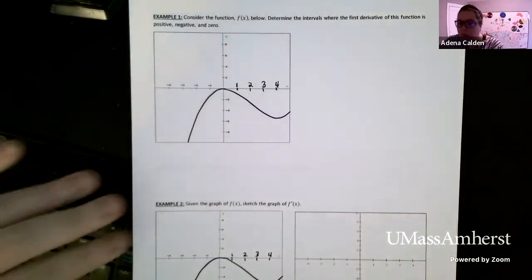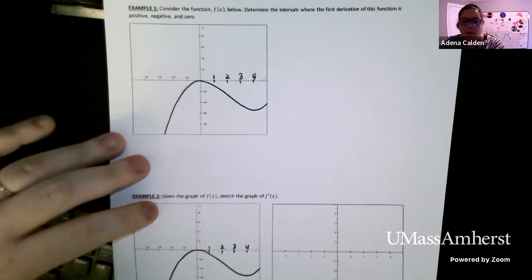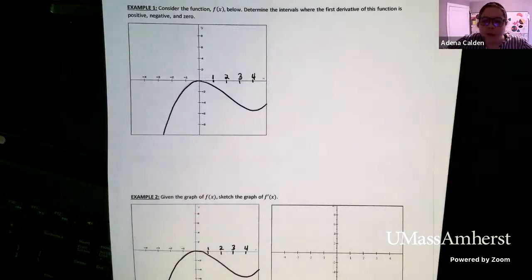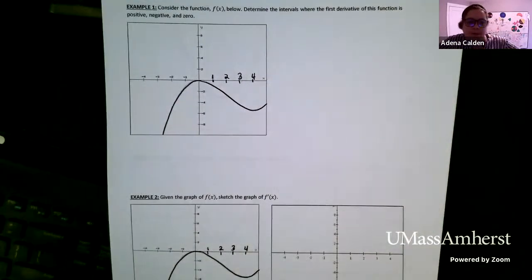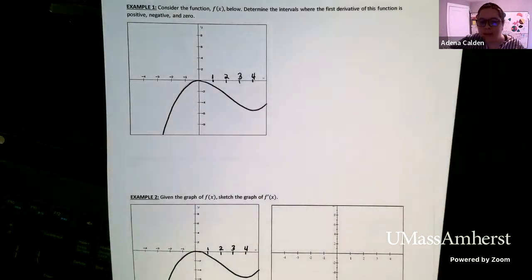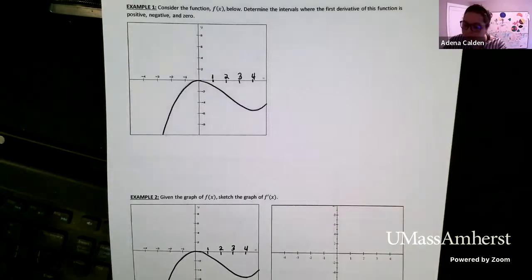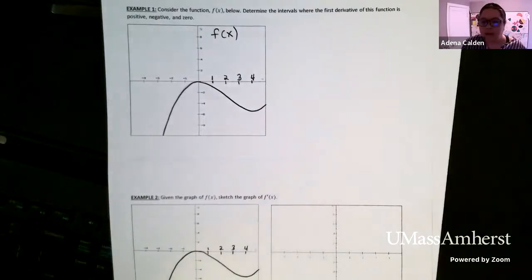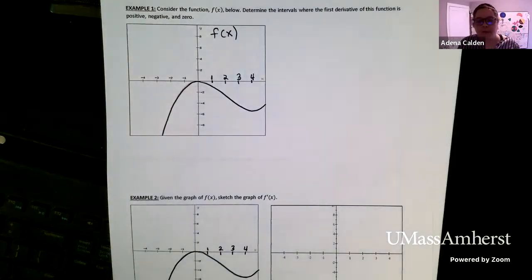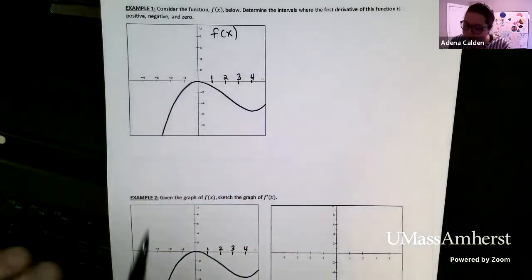So we're going to do two things here. You'll see the graph is repeated here. First, we want to figure out on what intervals the first derivative of this function is positive, negative, and 0. So we are trying to relate what the original function, which is graphed here, is doing, increasing or decreasing, to help us determine where the first derivative is positive, where it is negative, and where it is 0.